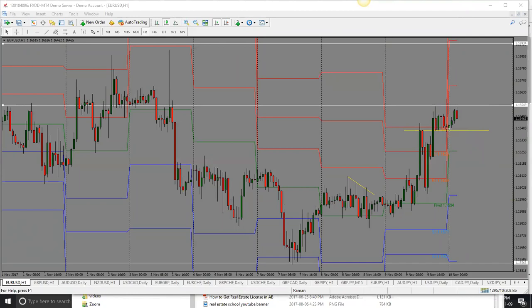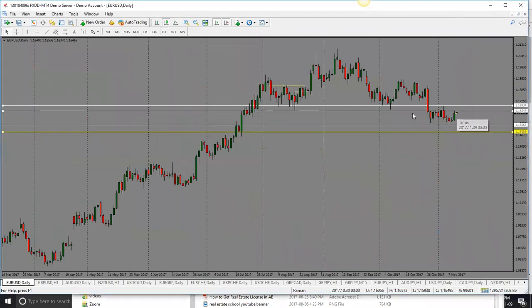Or the second scenario is that price has already broken above this support and resistance level, so it does one of these and then does something like that. Both are potential scenarios, so I would keep an open mind, but overall we are looking quite bullish. A big bullish close for the day, so looking for price to move up higher.